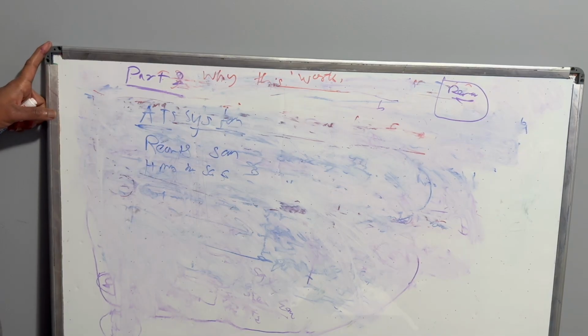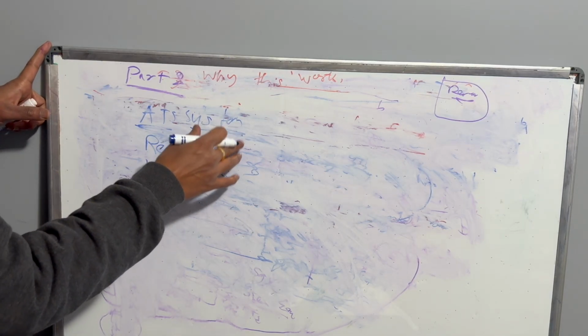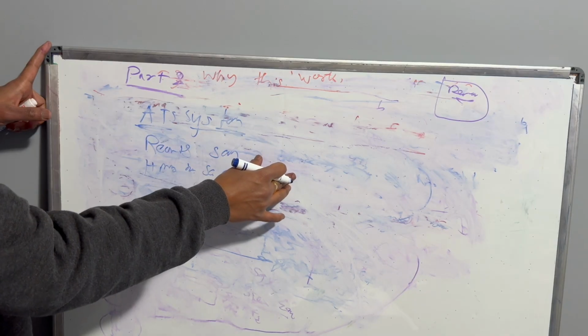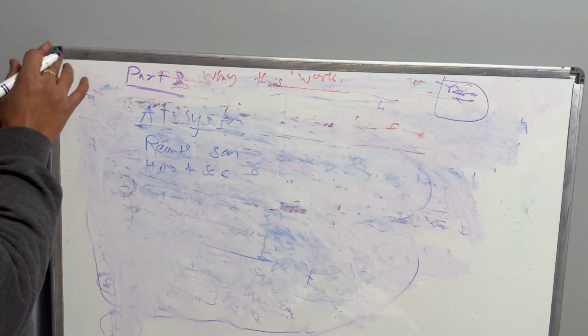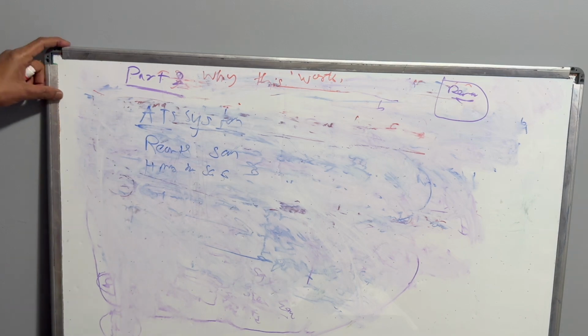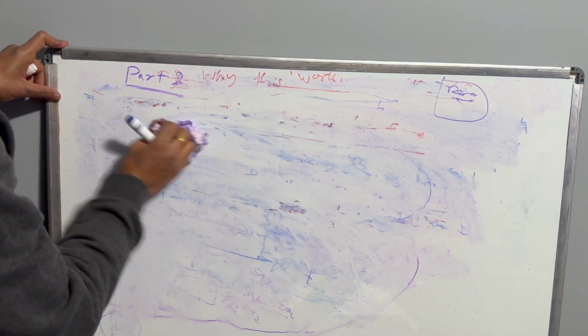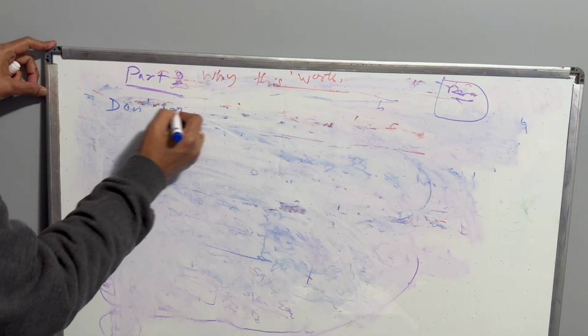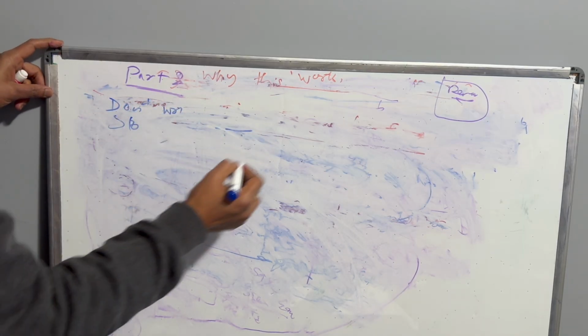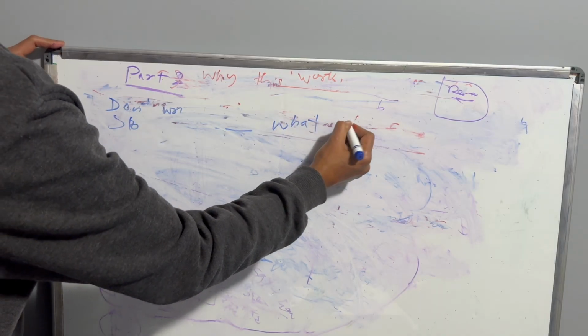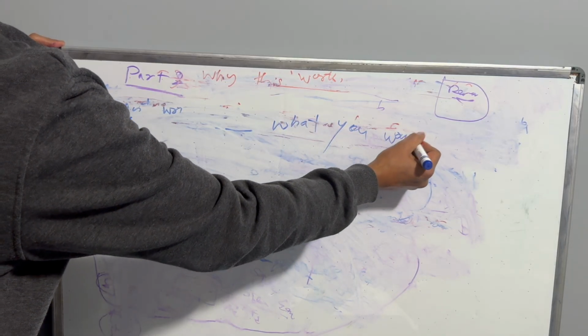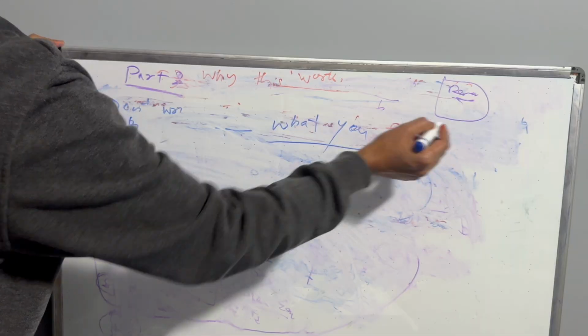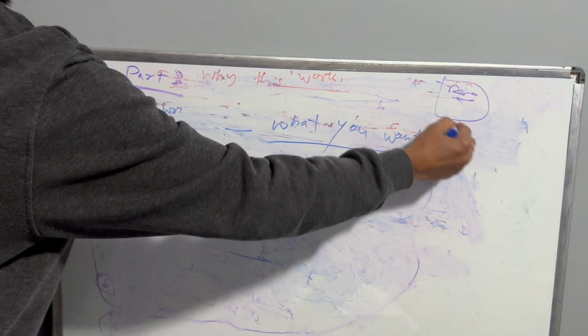So my request is: stop writing resumes based on what you want. Most of you are writing what you want, what you want to be, right? No, this is wrong.